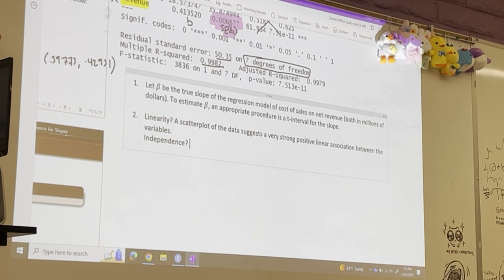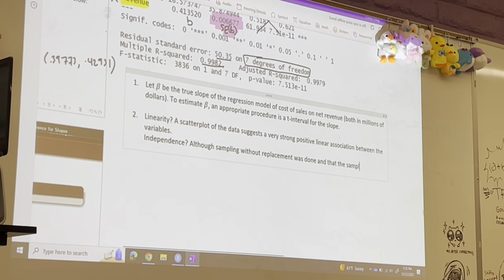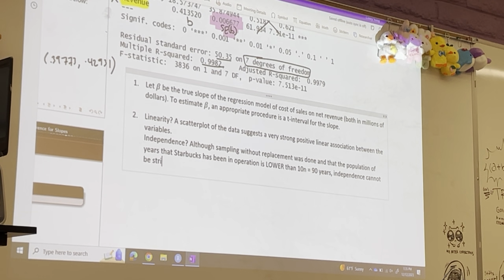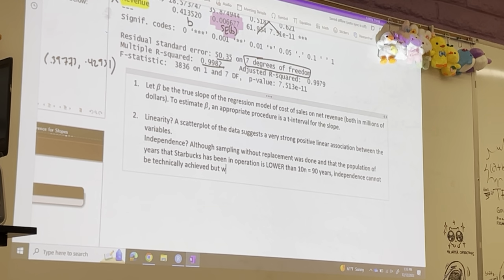So although sampling without replacement was done, and the population of years that Starbucks has been in operation is lower than 10 times n, which is 90 years, independence cannot be technically achieved, but we proceed with caution.